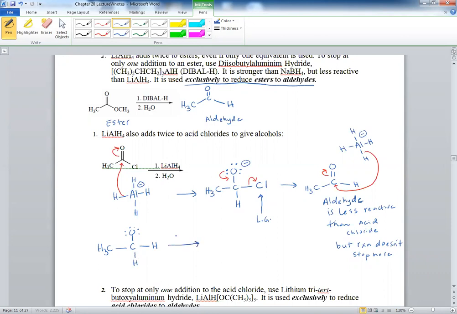And of course, after adding water, you know how to protonate. Then you would end up with the alcohol, the primary alcohol.